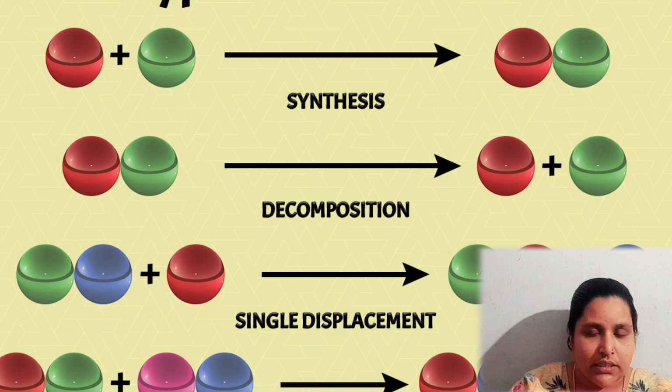This is called magnesium oxide solution. This is the chemical reaction of combustion, and it is also called thermal combustion.